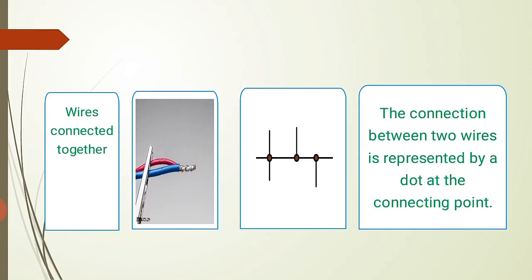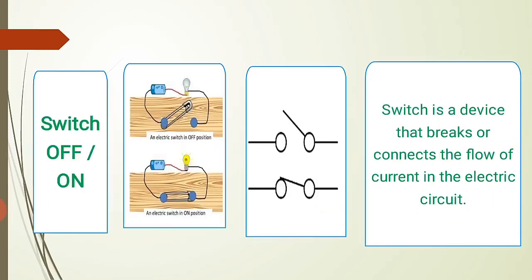Next is switch on and switch off, right? Students, see the diagram and the symbol of a switch, right? Each switch has 2 points. See, there are 2 points.